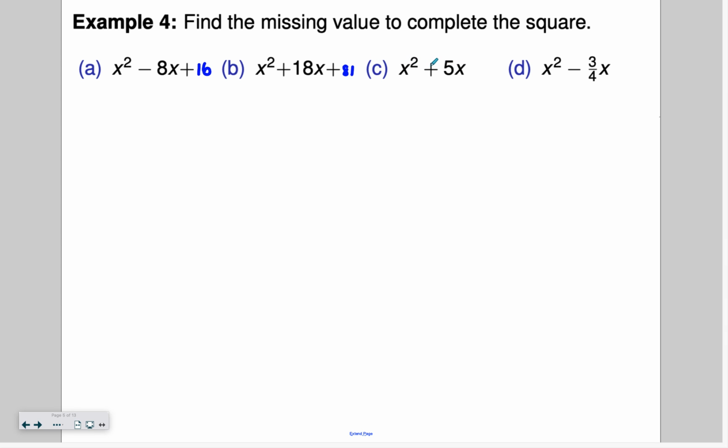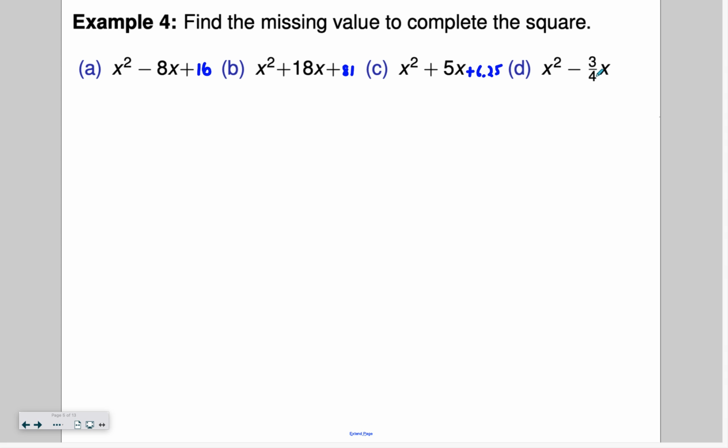And in this one, 5 divided by 2 is 2.5, squared is plus 6.25. And then here we have negative 0.75. If you didn't want to write these as decimals, which I guess maybe we want to be accurate, we can do it as a decimal.